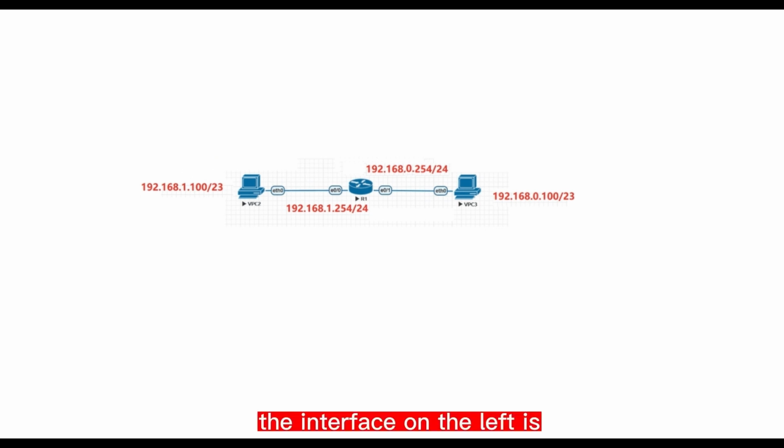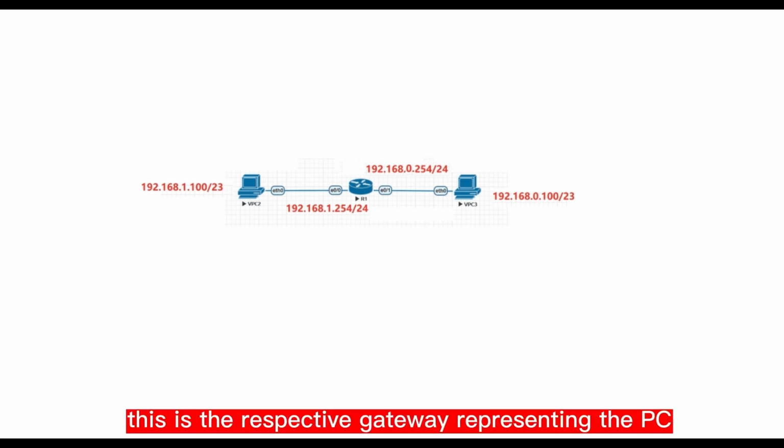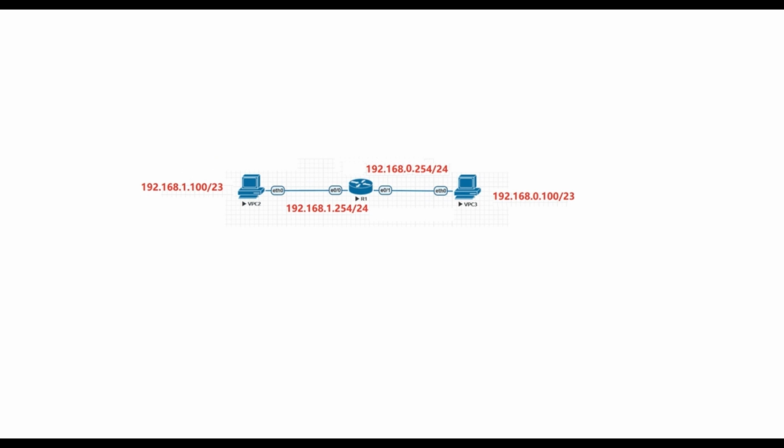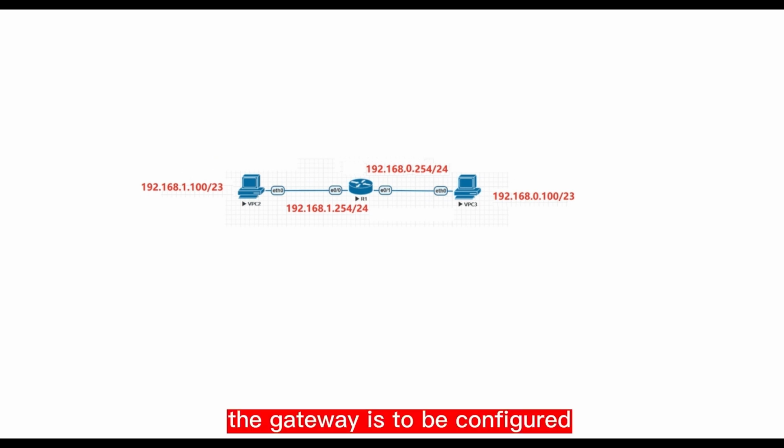The interface on the left is 192.168.1.254. They are both 24-bit masks. This is the respective gateway representing the PC. But we don't configure the gateway for a few days. If we access across network segments, in fact, the gateway has to be configured.